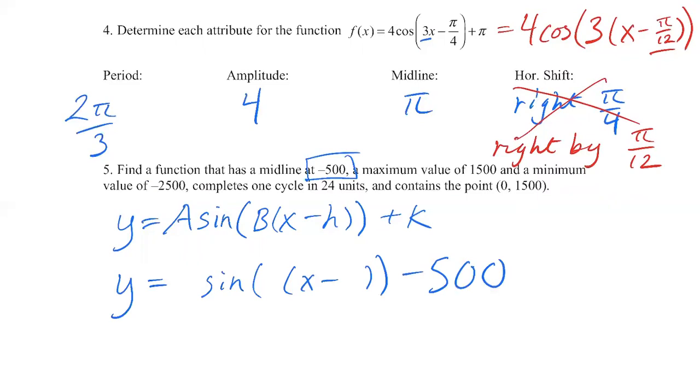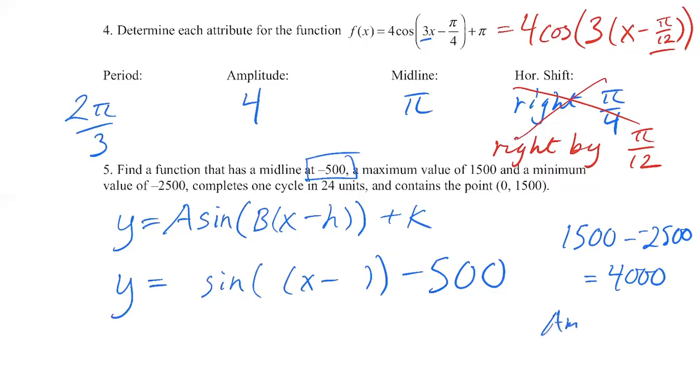And I'm going to try and fill in the rest of these. A maximum value of 1500 and a minimum value of negative 2500. Well, if we're running from 1500 down to negative 2500, we could do a couple of ways, right? We could look at the midline and look at those points, or we could just say 1500 minus negative 2500, which is equal to 4000, and divide that by 2.